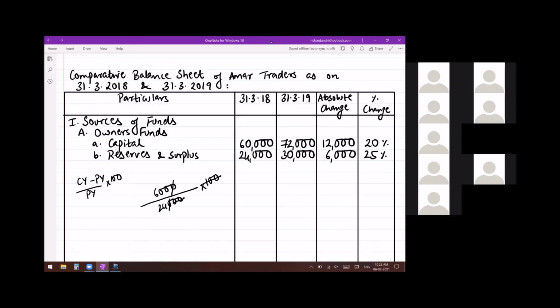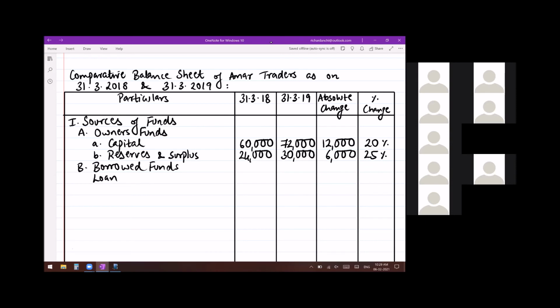The next is borrowed funds. So write down capital B, borrowed funds. Any loan taken, okay, that will come under borrowed funds. Here there is loan.